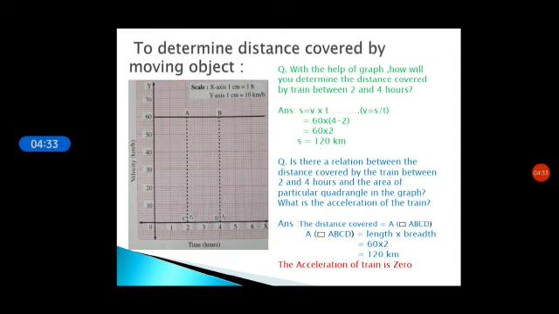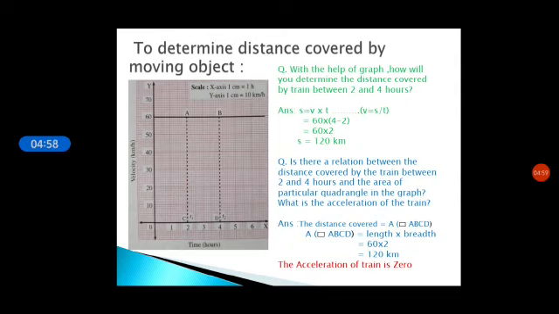After putting the values of velocity and time, we get s is equal to 60 into (4 minus 2), which is equal to 60 into 2, and finally s is equal to 120 kilometers. This is the first way to determine the distance covered by an object, using the formula.